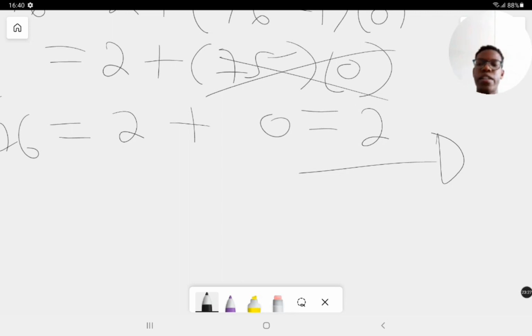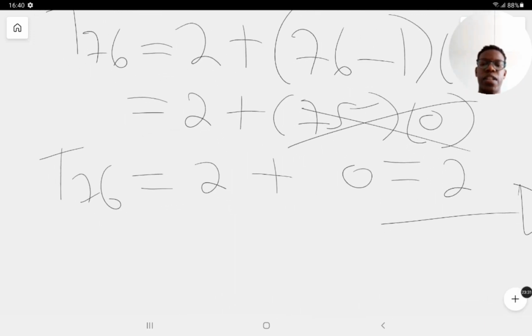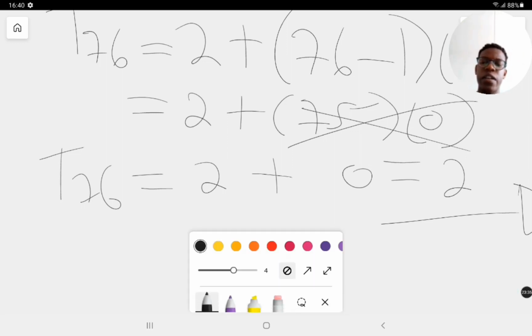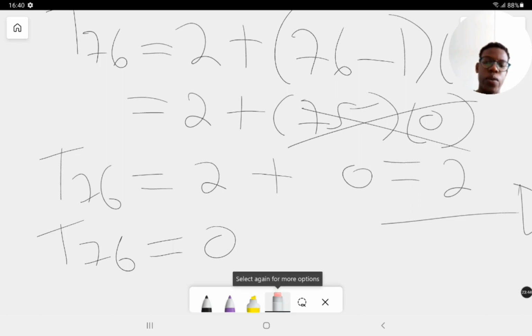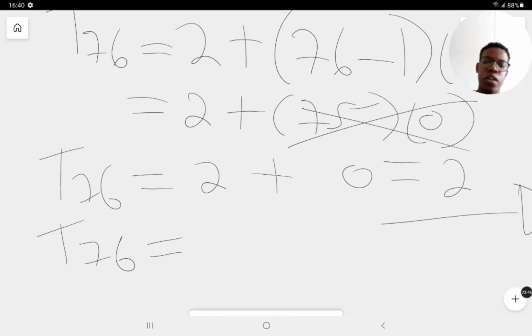And this is our answer. So we know that T76 is equal to 2. Let me just write it nicely. T76, which is what we were looking for, is equal to 2. Not equal to 0. It's equal to 2.